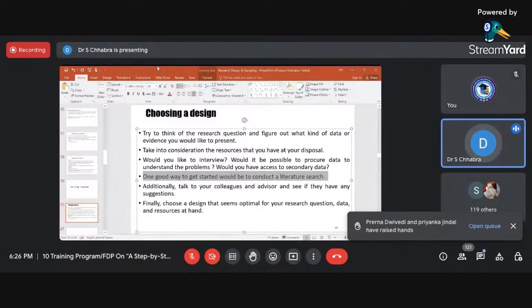Based on that and other ideas, maybe talk to your colleagues, talk to someone who is already in research. He or she can help you. I told you when I started off my presentation that when we were quite young as researchers, still students, when we were starting our research, we had n number of confusions. So seniors can always be one approach that you can look forward to.